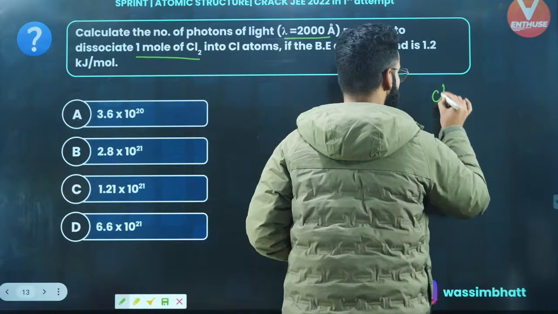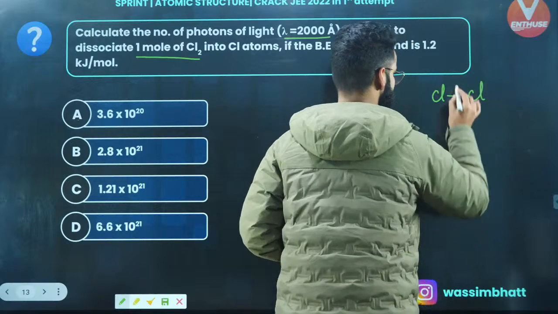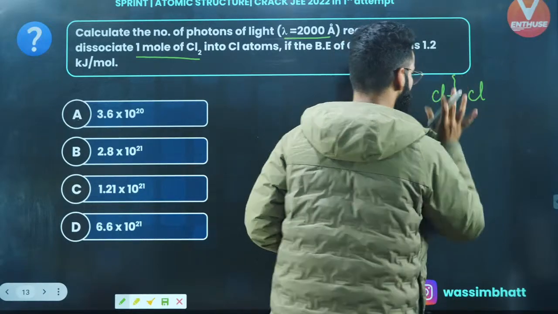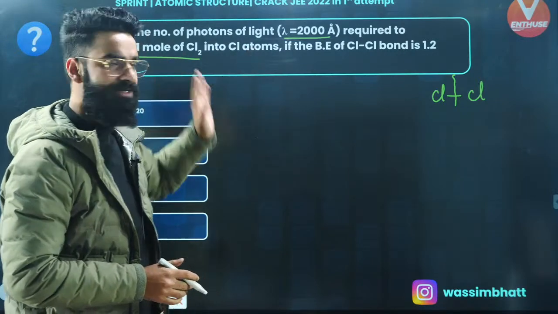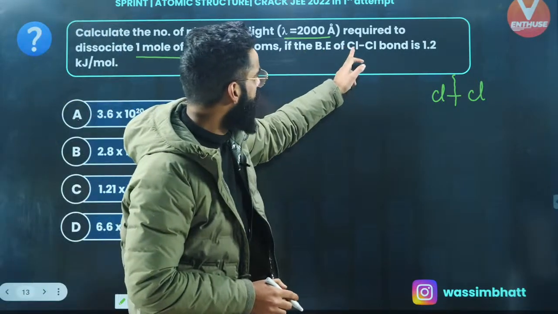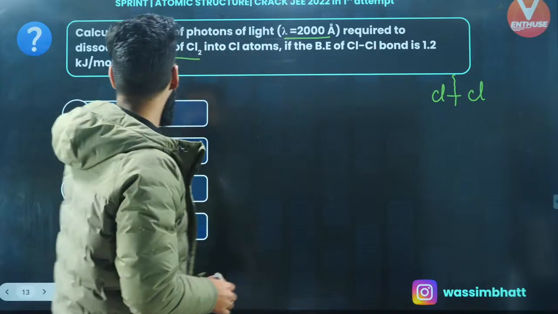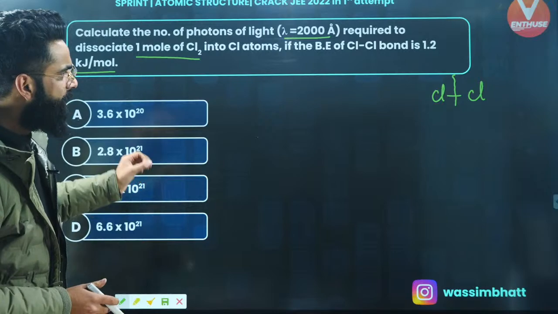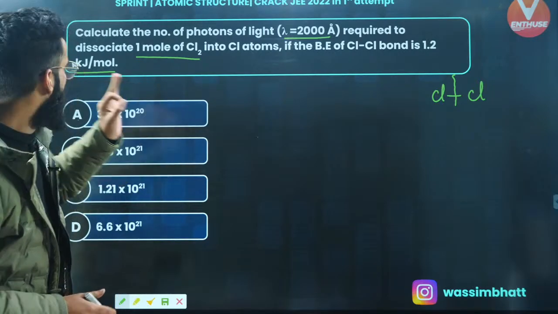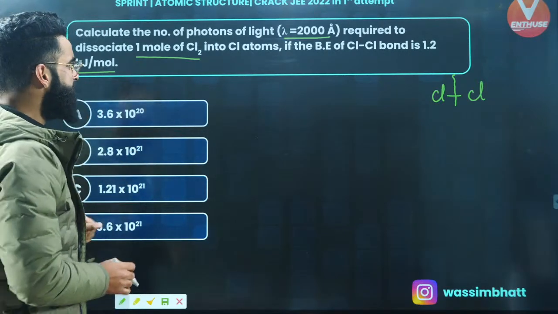So basically, I need to break 1 mole of Cl2 into its atoms, right? If the bond energy of the Cl-Cl bond is 1.2 kilojoules per mole, what does that mean exactly?